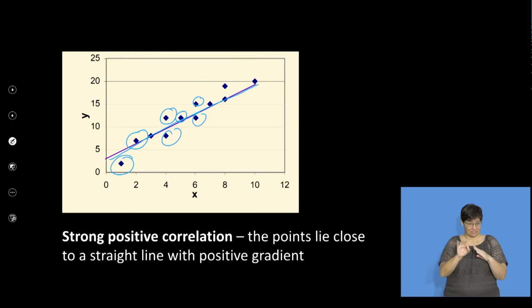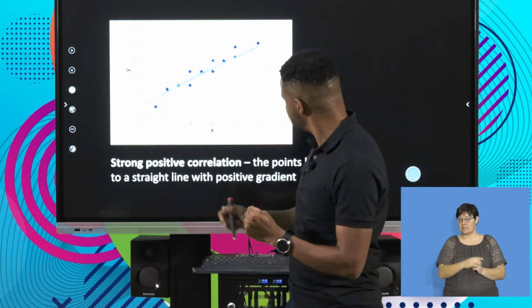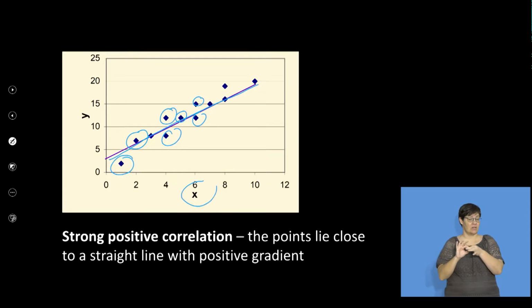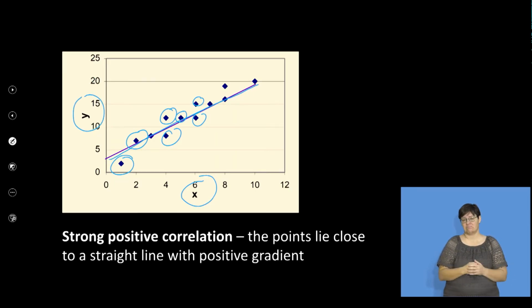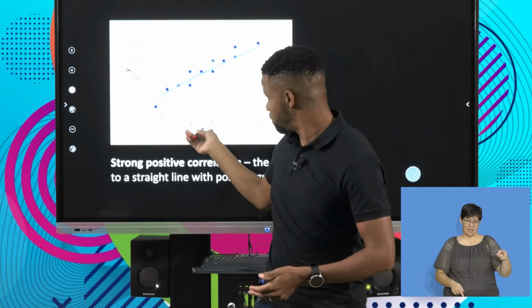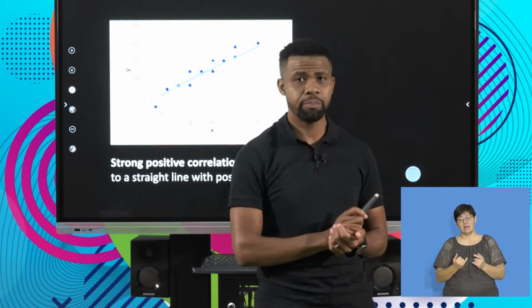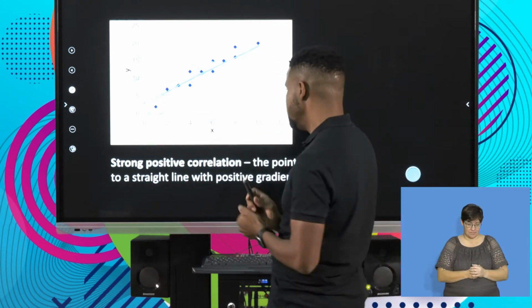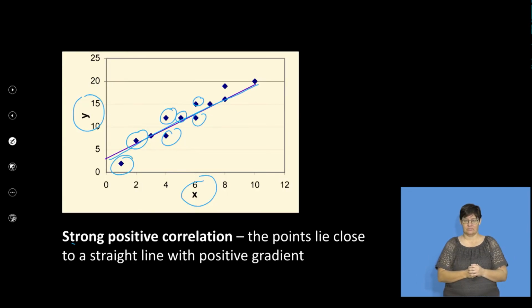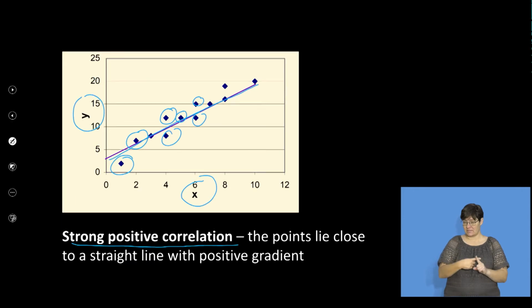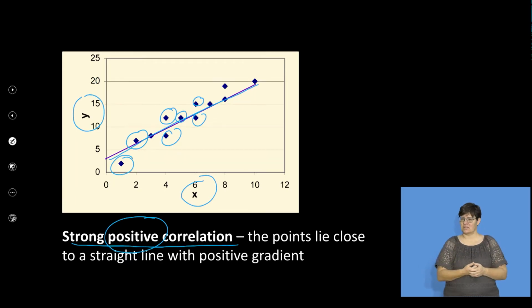So we say there's a strong association between x and y. Remember, x could be anything. It could be the petrol price, and this could be the oil price. This is the independent variable, and that is our dependent variable. It's a strong positive correlation. Why do we say positive correlation? I'll come back to that.